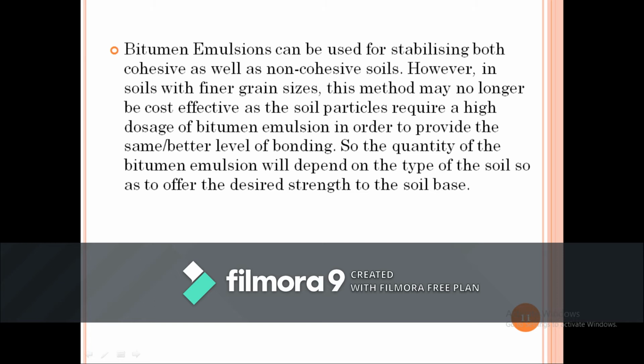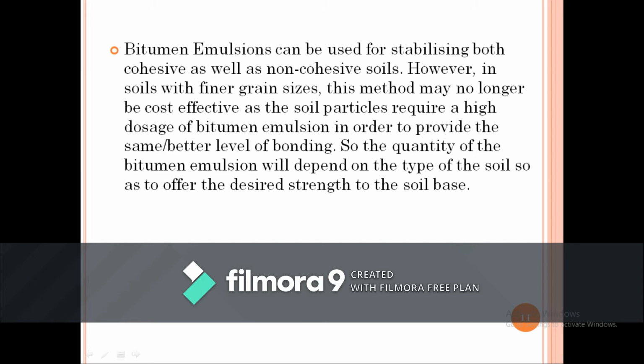So whenever you are using it in fine grained soils, you need to use more bitumen, because of which the cost will be more. For that reason, generally we don't prefer this with respect to cost.